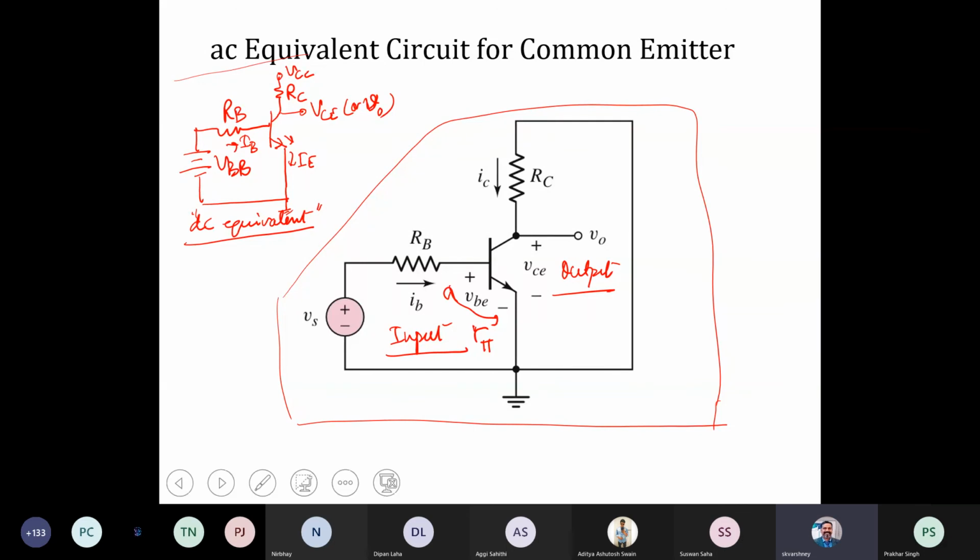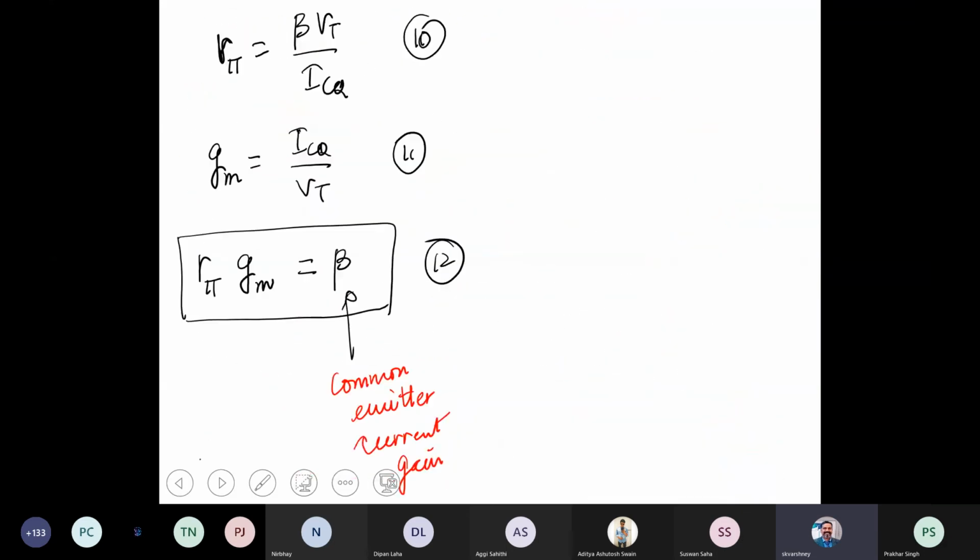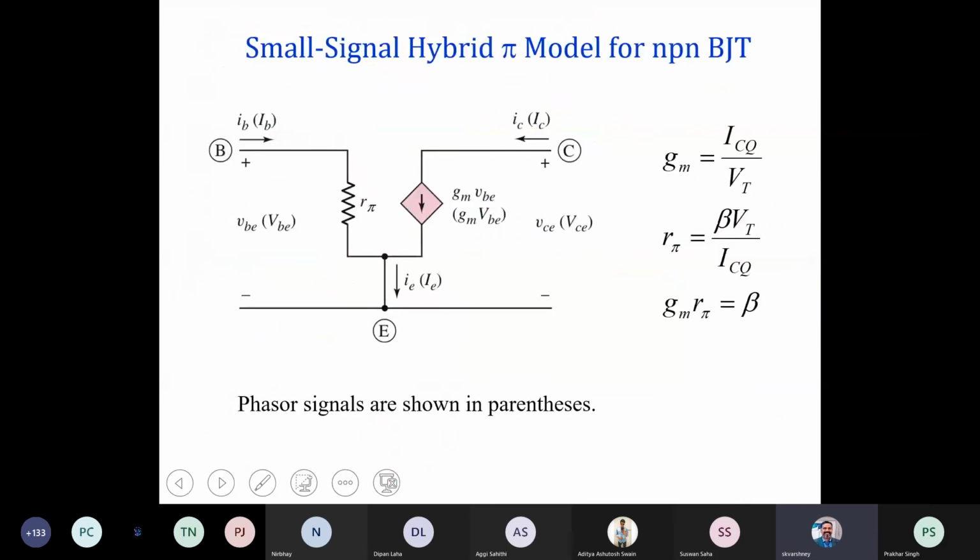Let me redraw the circuit once again. This is how you represent a small signal hybrid pi model. This is the base, which has an input resistance, the diffusion resistance R pi, and then we have the gm VB, the transconductance multiplied with VB, which gives you the current.